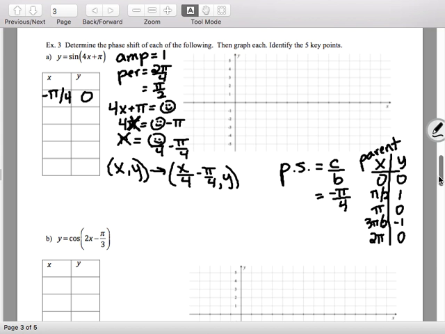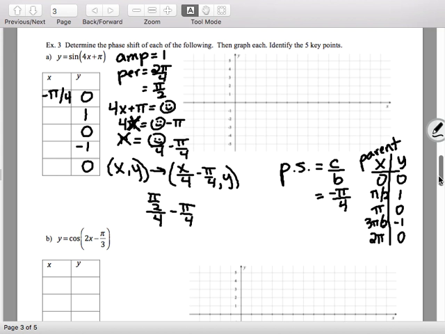I did nothing to the y value, so if you want, just fill them in. Now what's going to happen when I do pi over 2 divided by 4 minus pi over 4? These are just some yucky fractions, and unfortunately, we've got to deal with them.